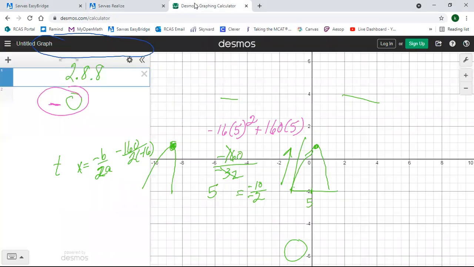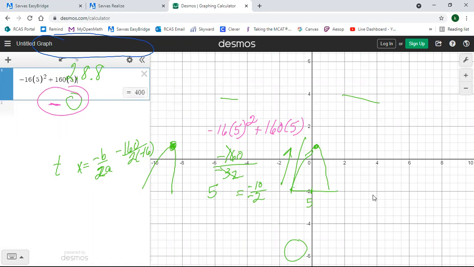And I think if I use this Desmos calculator, you'll be able to see it. So that's negative 16, 5 in parentheses squared, plus 160, again, times my 5. And it says that's 400.